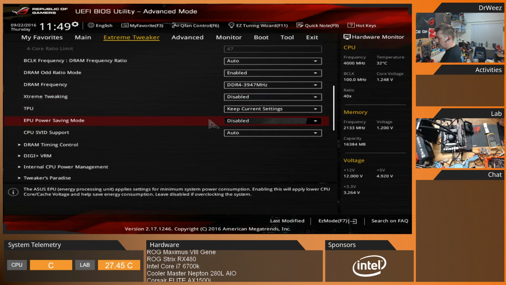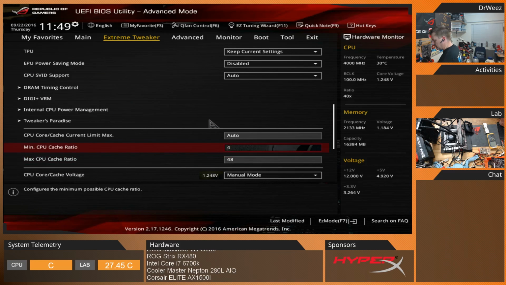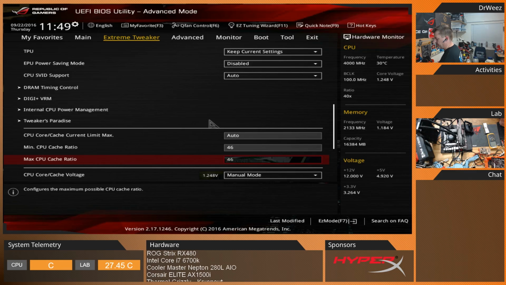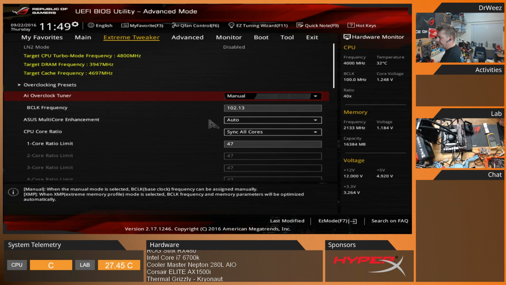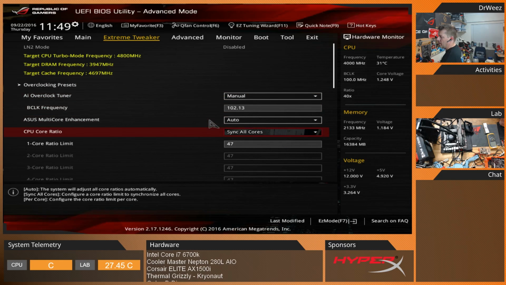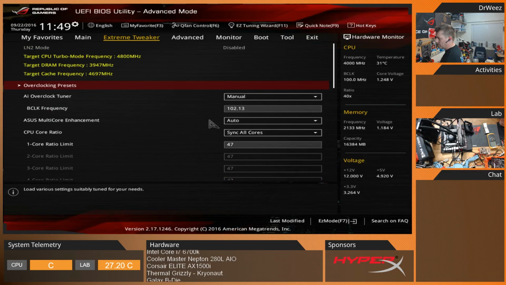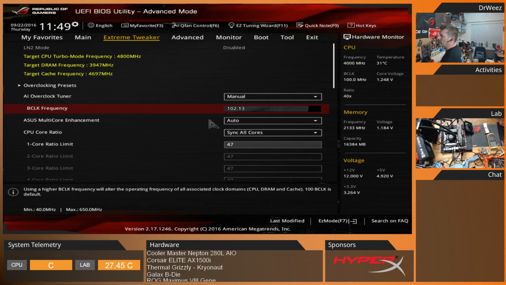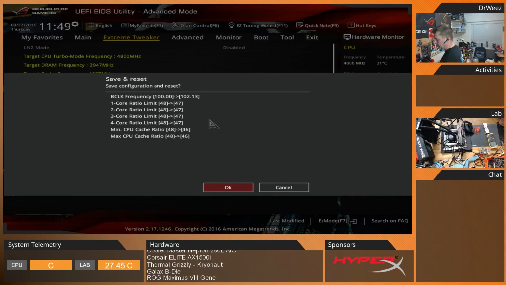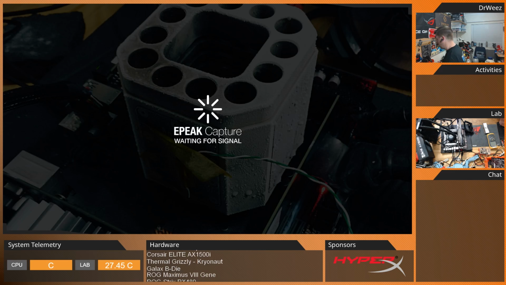So let's just go back to 46 here. You see how that now keeps your target CPU the same, but your DRAM frequency up. And there you will get a boost in score.